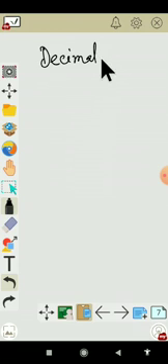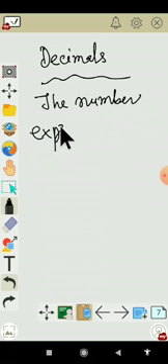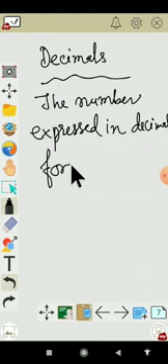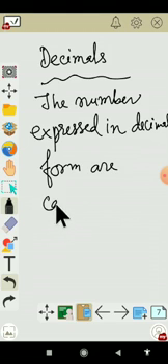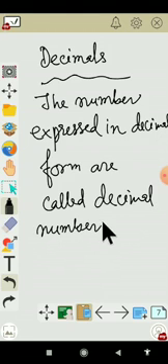Now decimals. Decimal fraction we know. Now decimals: the numbers expressed in decimal form are called decimal numbers, or simply decimals.